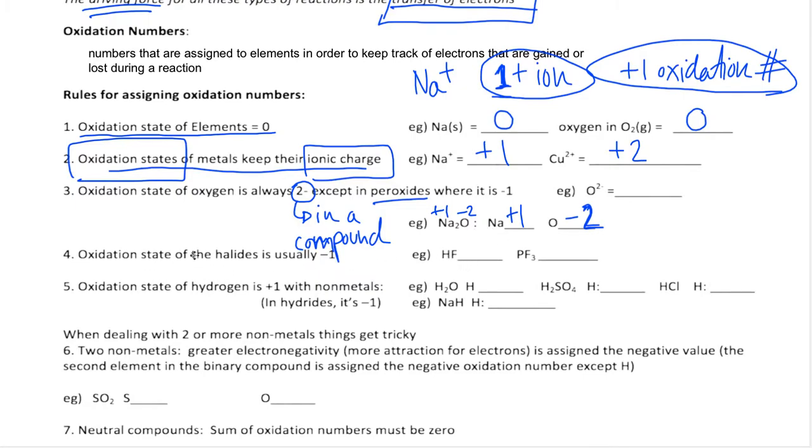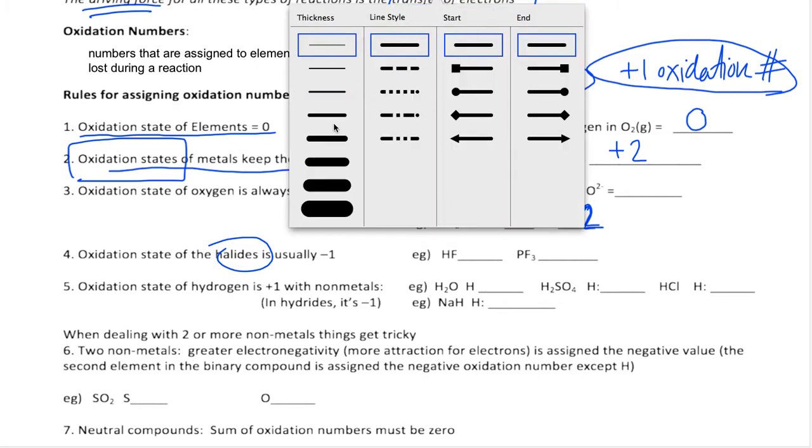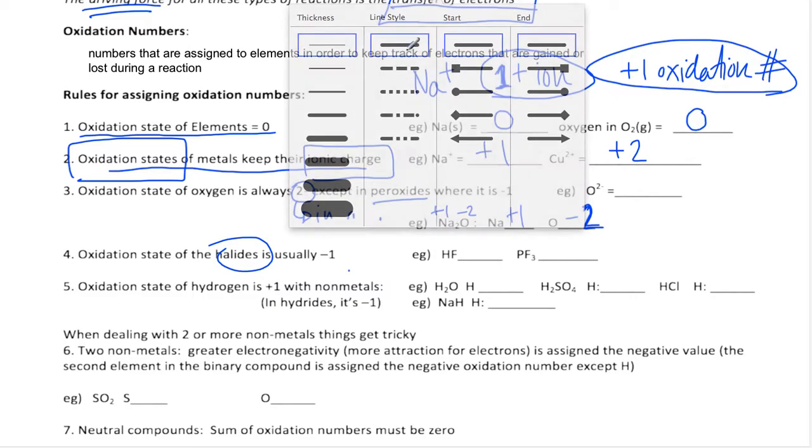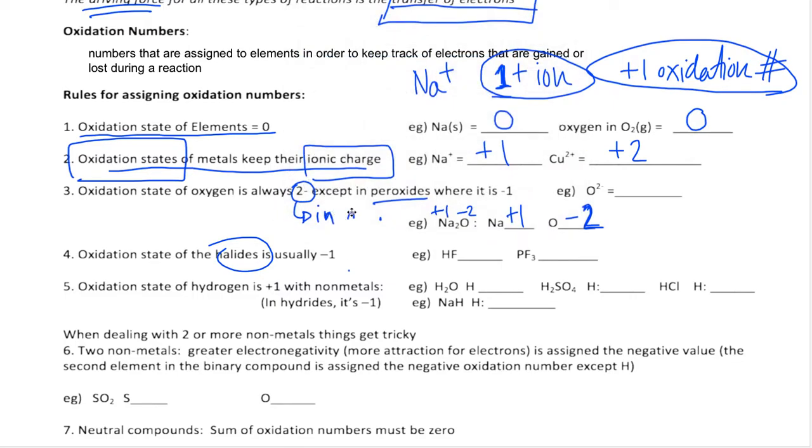Over here, the oxidation state of halides is usually -1. Okay, I'm just going to erase a little bit of this so you can see it better. Let me try writing that again. So in a compound, halides are going to be -1.